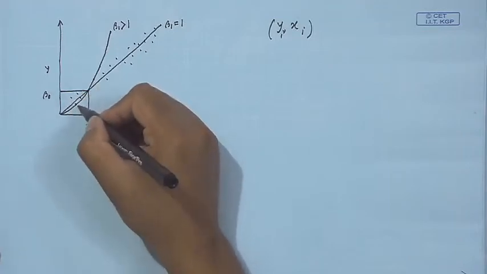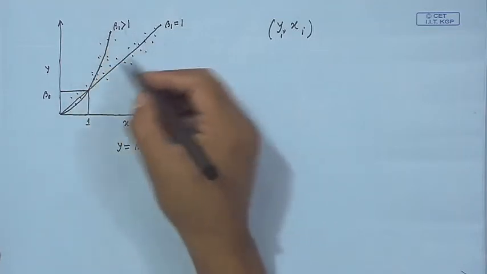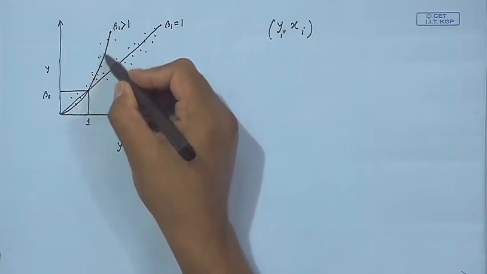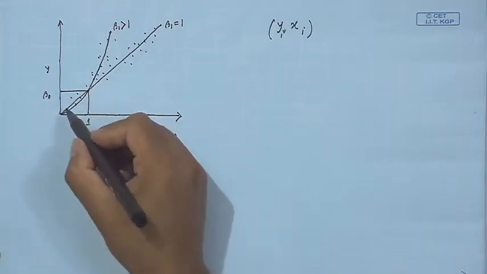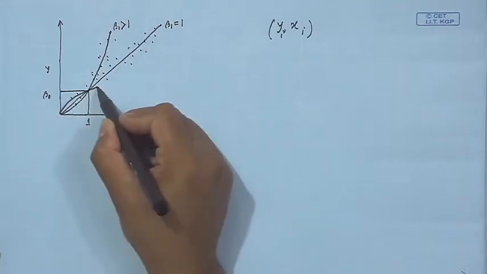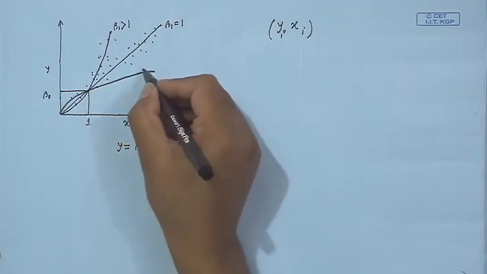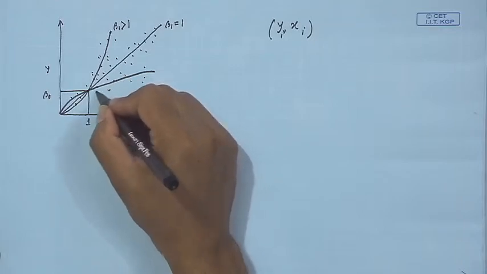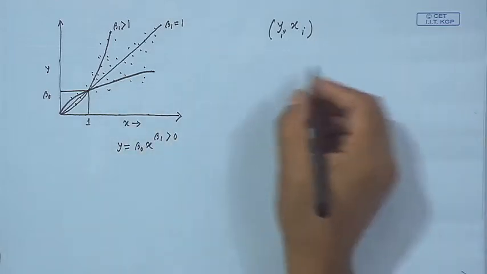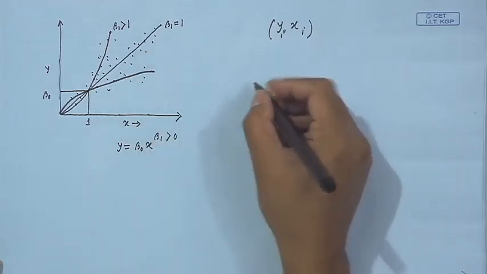But if the scatter plot is centered about this curve, or maybe this curve, then the relationship between response variable and regressor variable is sort of polynomial.